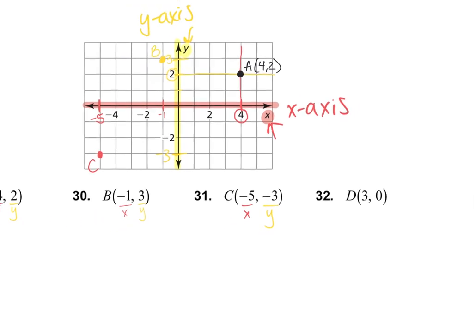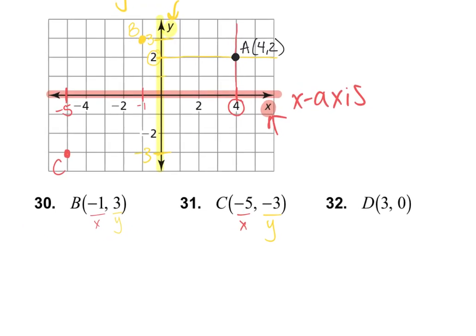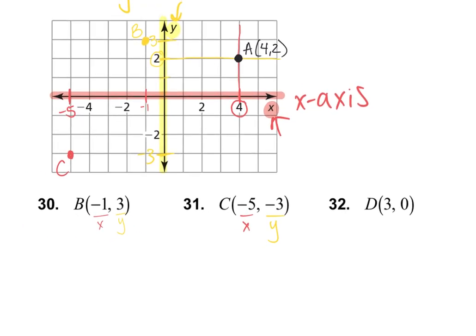And then we've got D. D is at 3, 0. So we're going to go 3 units to the right for our x-axis. Our x component is 3. Now our y component is 0. What does that mean? That means that you don't move up or down at all. You're going to stay on the x-axis.